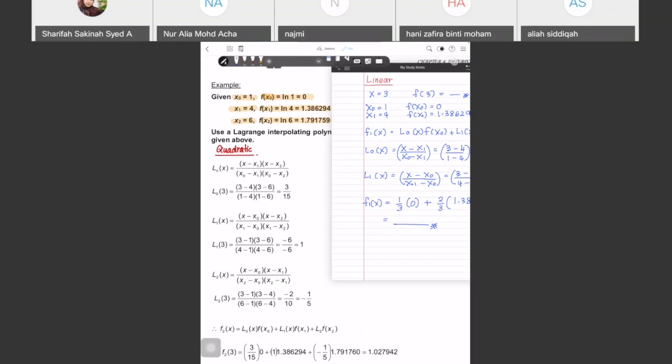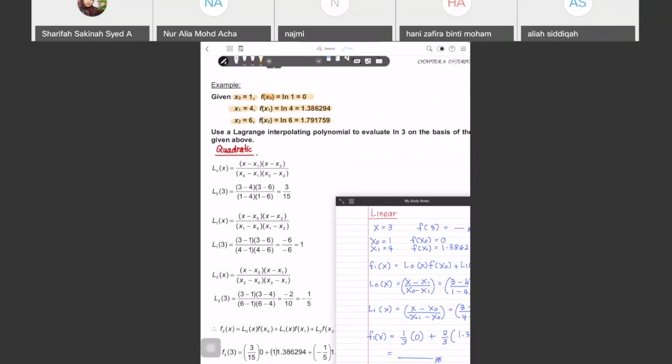So this is the formula for calculating your L0. The function is f2x equal L0x fx0 plus L1 fx1 plus L2x fx2.